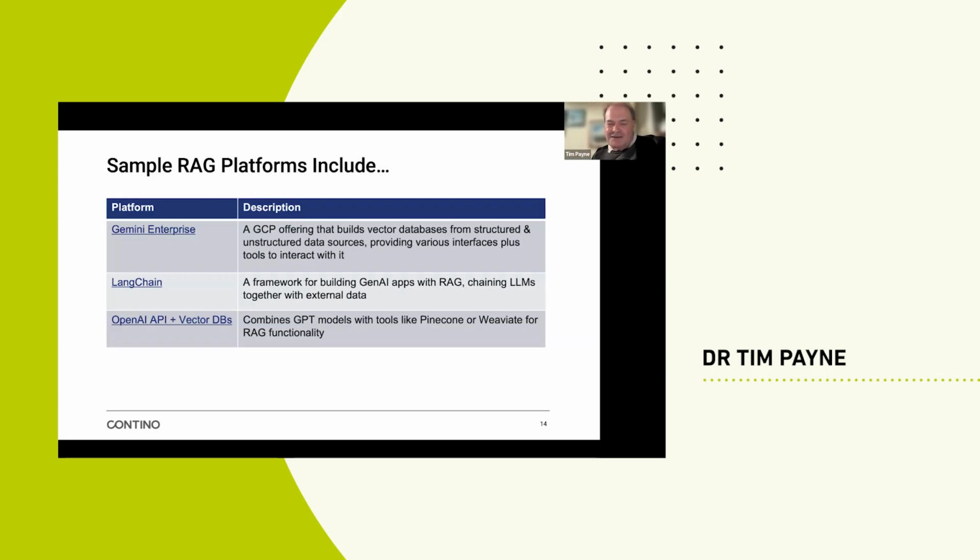Gemini Enterprise is good because it's a suite of tools that's generally easy to create with. It has a GUI, and you can connect data sources to it and then create what they call an AI app, which sits on top of those data sources. You publish those data sources and wait a couple of hours for it to create the vector database.